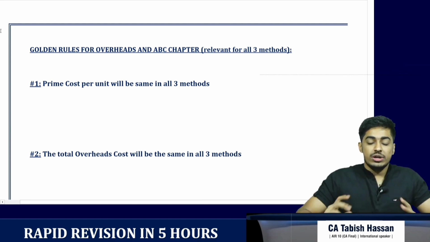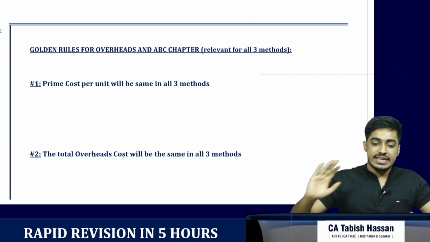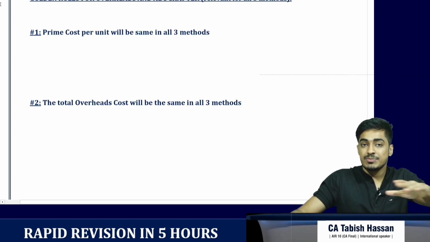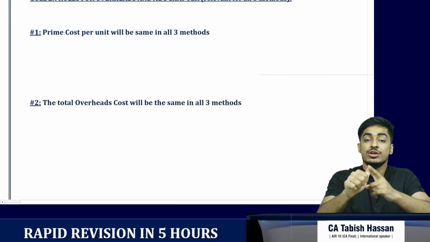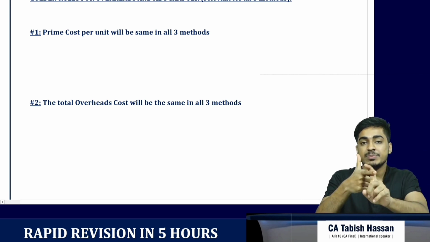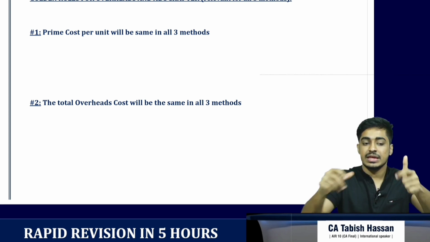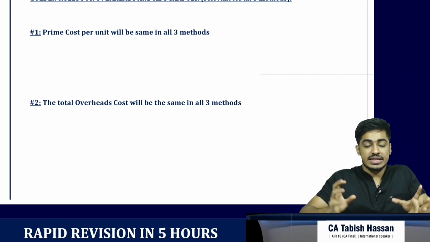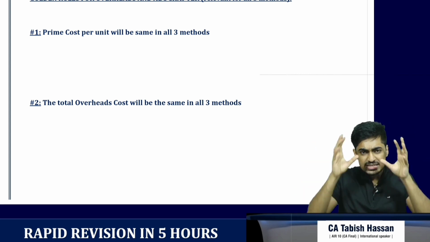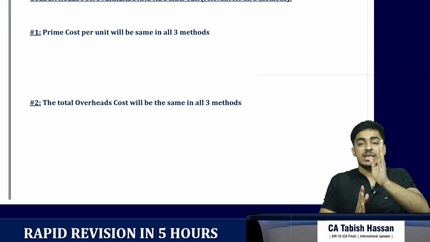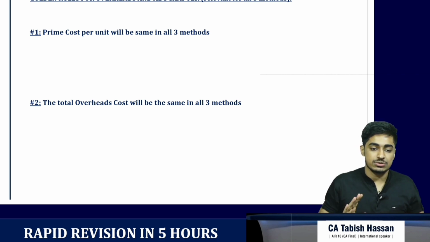And golden rules for the chapter overheads and ABC. Okay, first thing is prime cost per unit will be the same in all three methods. Whether you're following single rate, departmental rate, or activity based costing, prime cost per unit will be same. Next, total overheads. In our example, it was 10 crore rupees. It will be the same in single rate also, in departmental rate also, in ABC also.